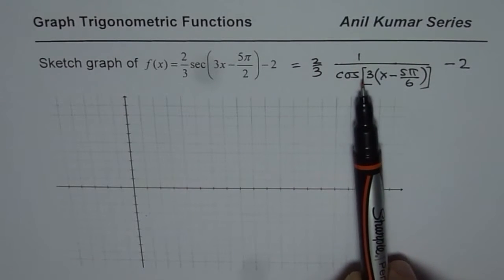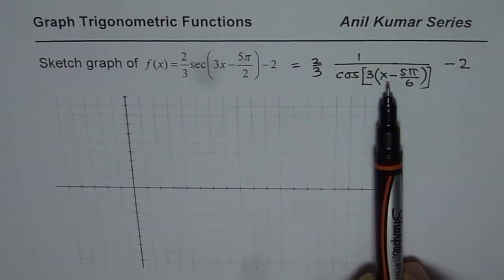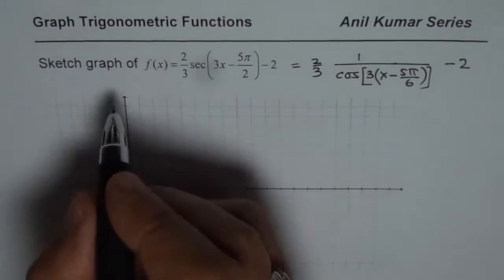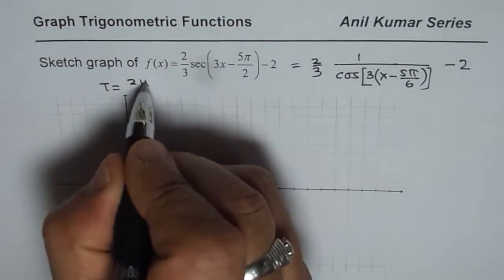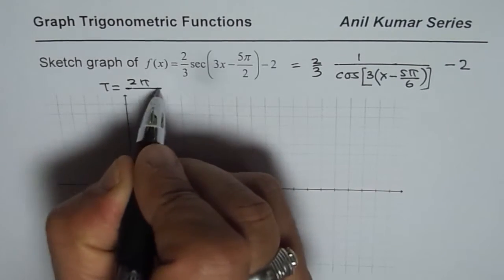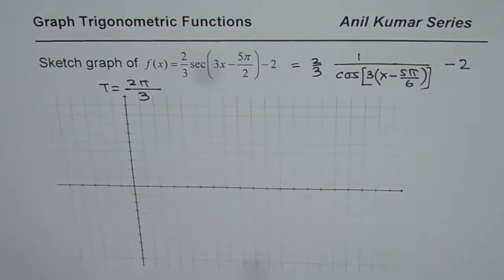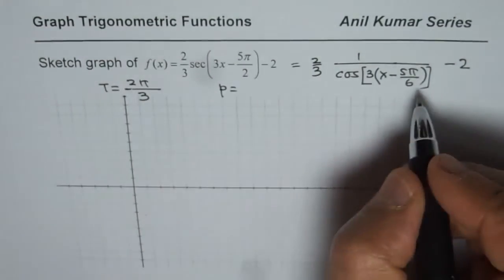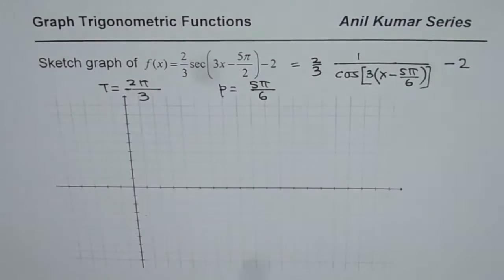Now if you have cos of 3x minus 5 pi by 6, what is the time period? So let us calculate the time period for this. We have time period of 2 pi divided by 3, right? So the time period is 2 pi by 3. And the phase shift for us is 5 pi by 6 to the right.